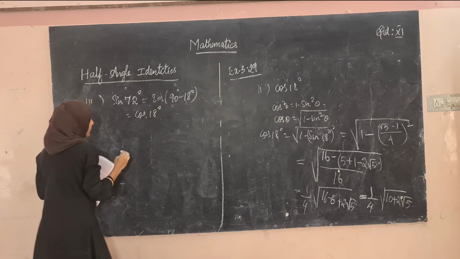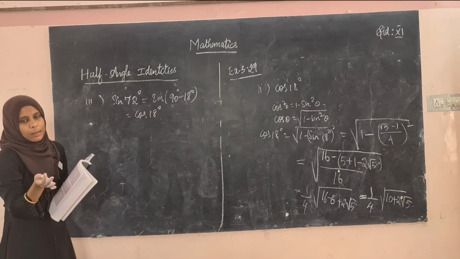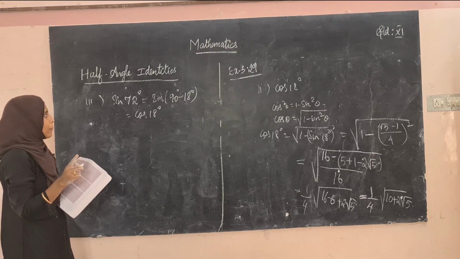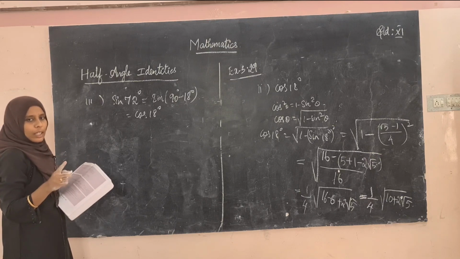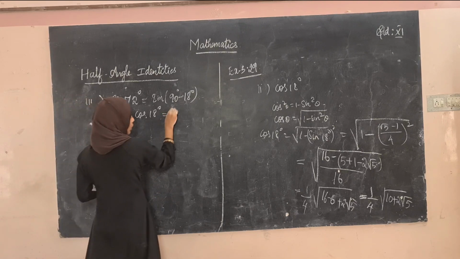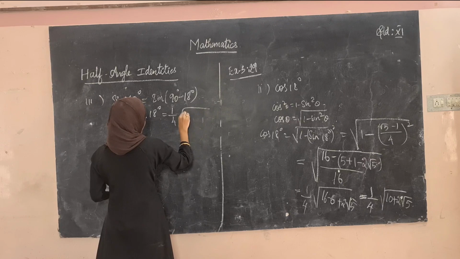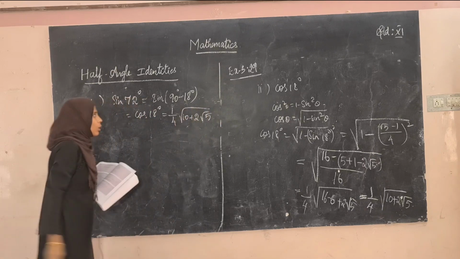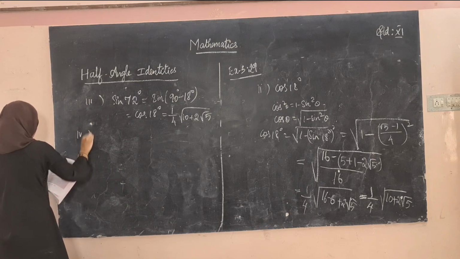You have to check whether it is plus or minus. 90 degree minus 18 happens in the first quadrant, and in the first quadrant everything is positive. So it is cos 18 degree. What is the cos 18 degree value? 1 by 4 into square root of 10 plus 2 root 5. This is the answer.